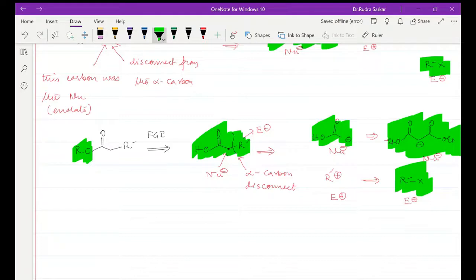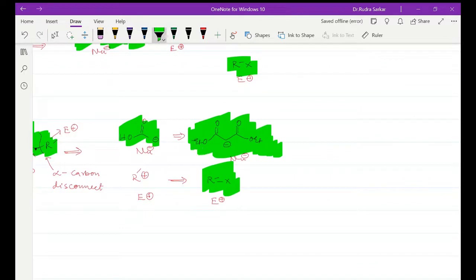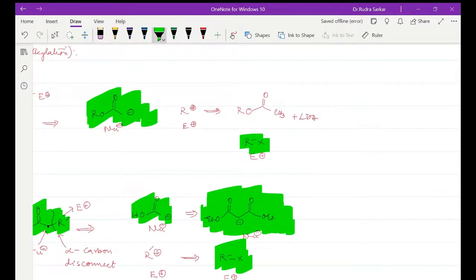So this is a long route, but even though it is a long route, this particular starting material is more resonance stabilized than this one out here, and hence this second process will be a higher yielding process and will be our preferred route of practice over the first one.